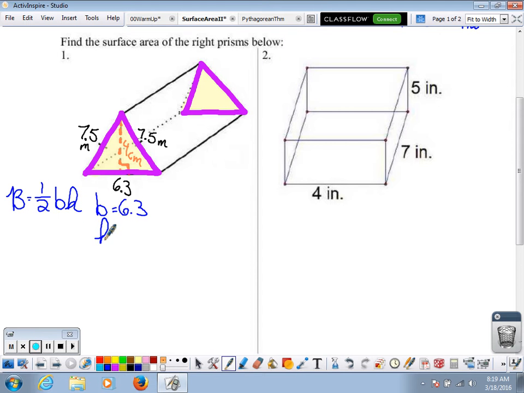Good. It looks like a 9. It's actually a 4. Okay? I can see how you might think that it's a 9, but it's a 4. 4 centimeters. Actually, I guess that's 4 meters.